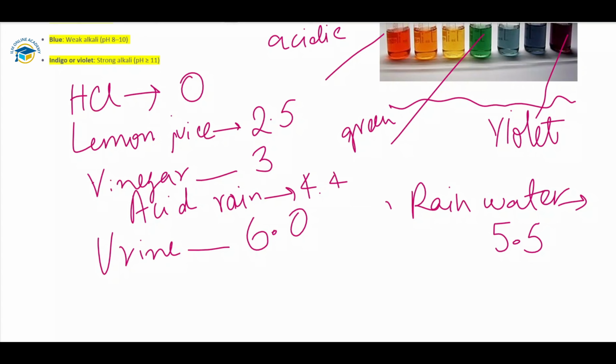Rainwater is slightly acidic because of the presence of carbon dioxide gas from the air. Milk has a pH of 6.5 and pure water has a pH of 7.